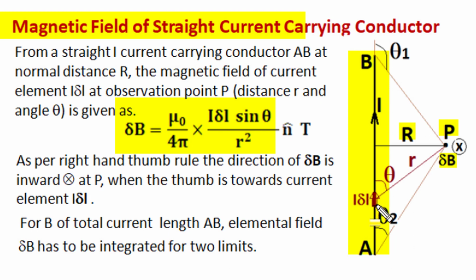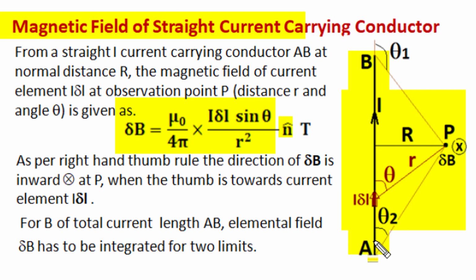Here theta is the angle between the current element length and the position vector of observation position P from the current element, this theta, and divided by r square, where r is the distance of the observation point from the current element, and it is directed normal to the plane of the current element and position vector, or this screen plane. And if we apply Maxwell right hand rule or Maxwell corkscrew rule, then we get the direction of the elemental magnetic contribution by current element I delta L at this observation position P inward, as shown by this cross here.